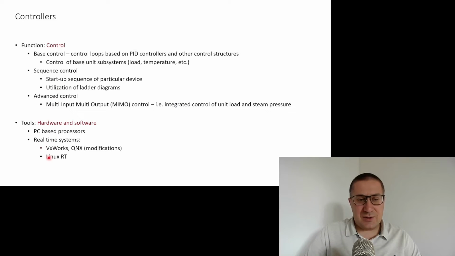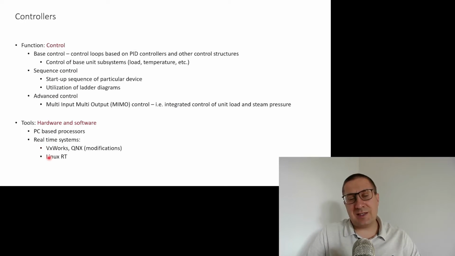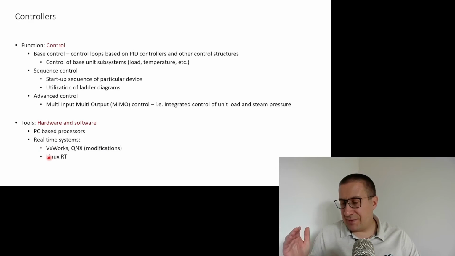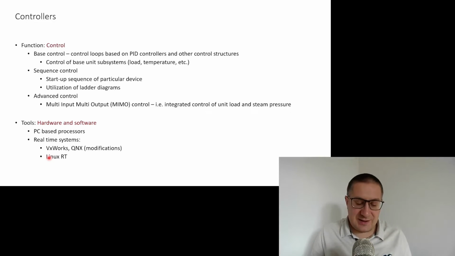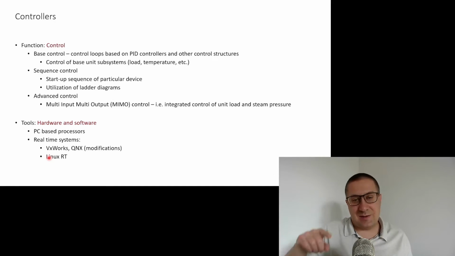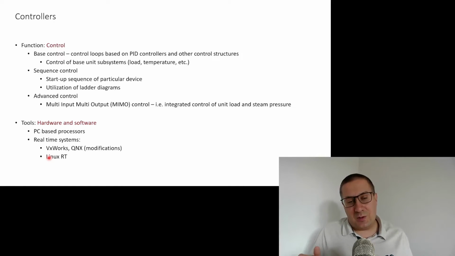And they are using a real-time operating system. So we know that if we define an algorithm that should be repeated every second in a loop, we know it will be executed every second. So this is a real-time system.